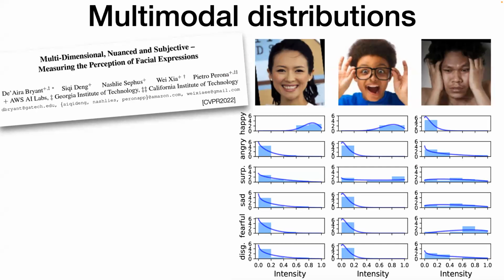All the votes are for high intensity of happiness for this particular picture, and low intensity of anger, surprise, sadness, and so on. But there are some situations where the votes are highly spread out. That means that either the annotators don't get what you want, or the image is genuinely ambiguous.